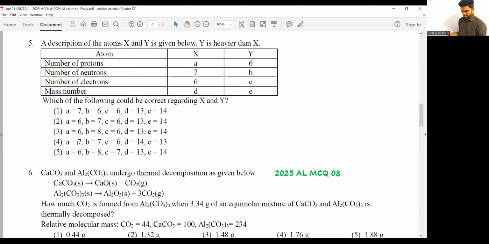Yeah, let's see that table, how to find the answer. Question number 5. Which of the following could be correct regarding X and Y? So it says Y is heavier than X. Right, so I'll copy the table to the board. First of all, number of protons, neutrons, and electrons, then the mass number.